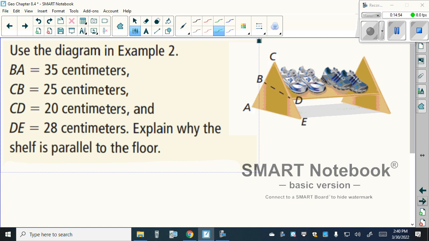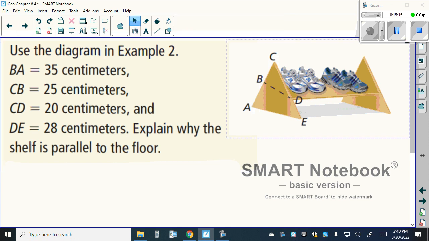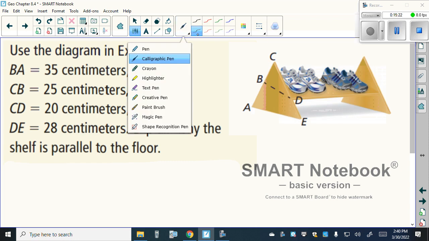Yeah, you're good. Okay, this time, explain why. Well, we know why, because the side lengths are going to be proportional, yes? But it's good to show it, because that's really part of the proof here. So we look at this here.